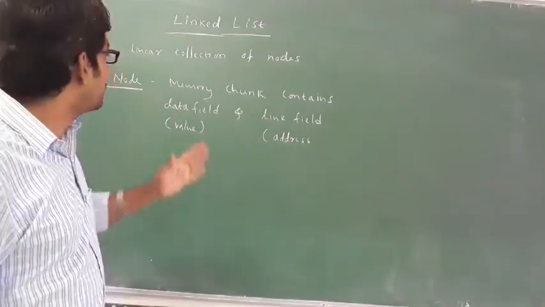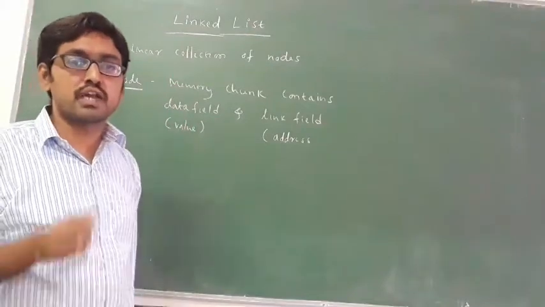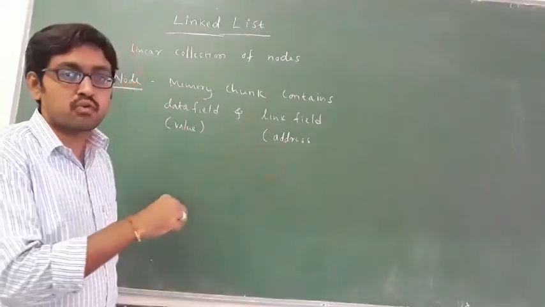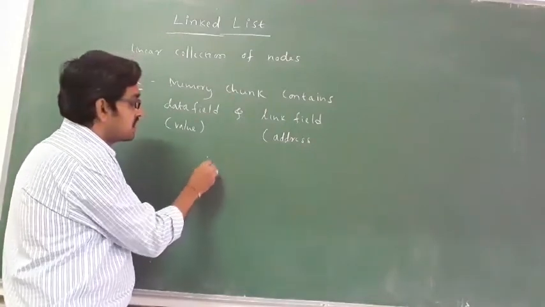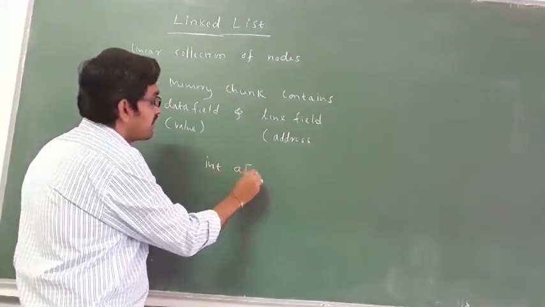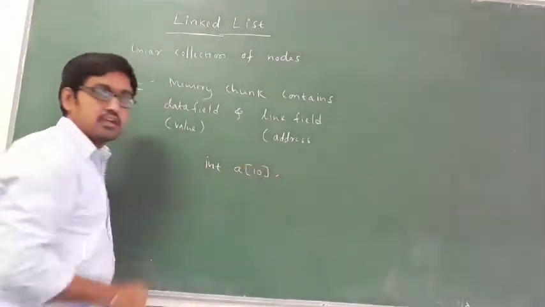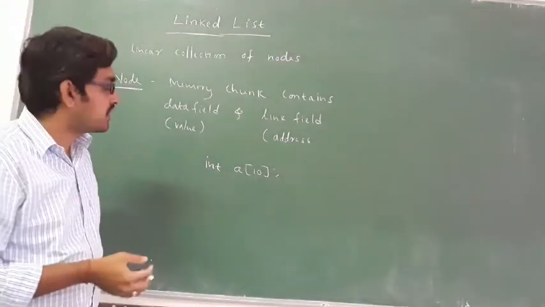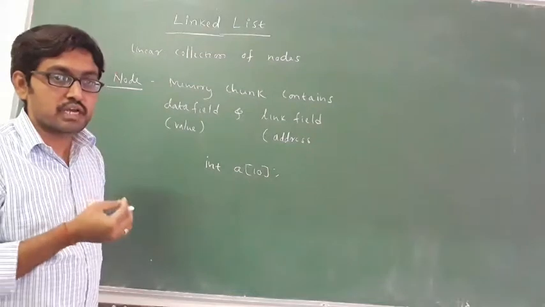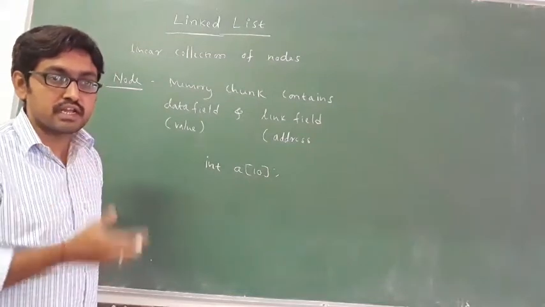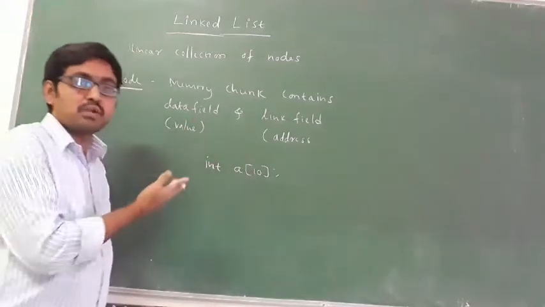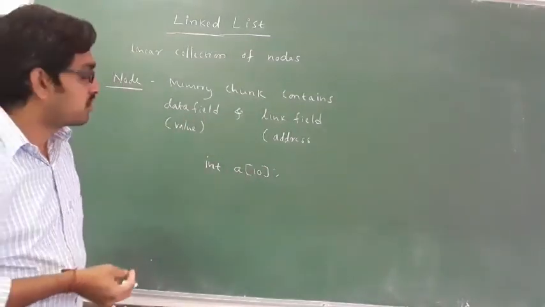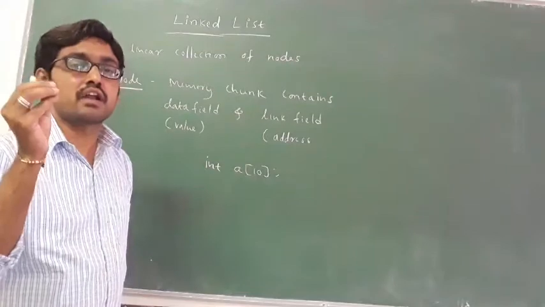First of all, you know about the array. How do we declare an array? For example, I am writing here int a[10]. This is a one dimensional array. You declare the data type and how many elements you can store in it: 10 values.